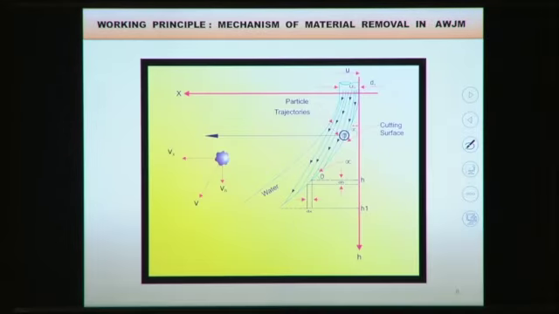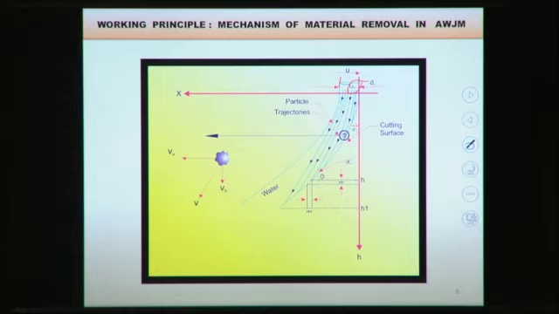Another figure is there. Here we can see the abrasive jet coming from the nozzle. There is a traverse velocity u, meaning the jet is moving with velocity u with respect to the workpiece surface, and the abrasive water jet is coming with a velocity u0 at the workpiece surface.